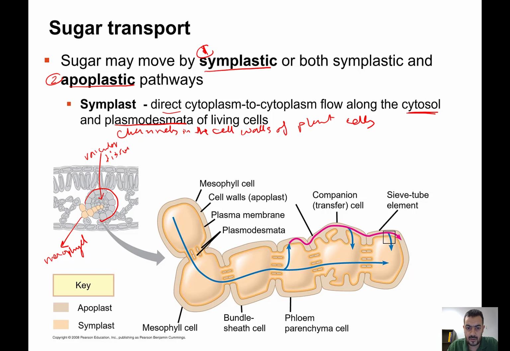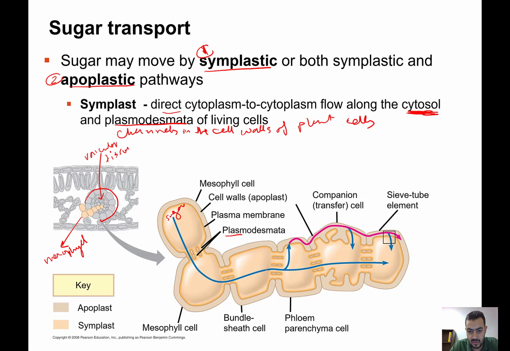Before going to that, please notice that the cell walls of plants have channels called plasmodesmata. So if we imagine that we have a sugar here, sucrose accumulating here, it can pass directly from one cell to another, like flowing through the aqueous solution, the cytosol, and passing through the plasmodesmata from one cell to another, following this blue route.